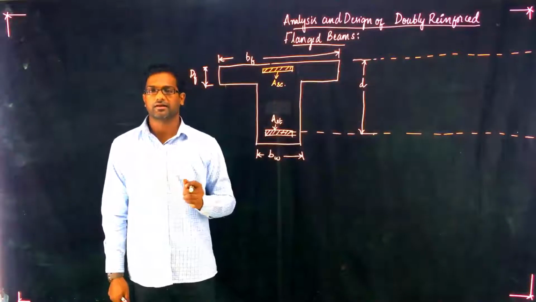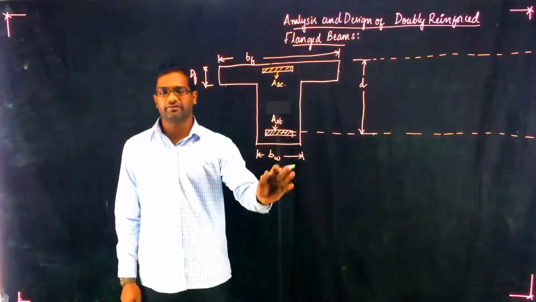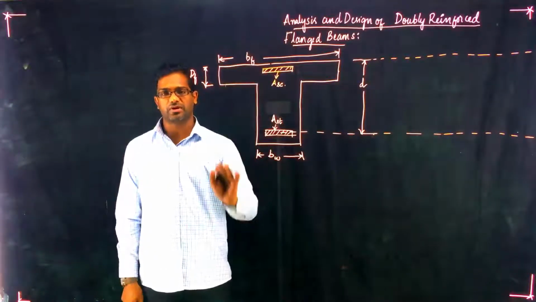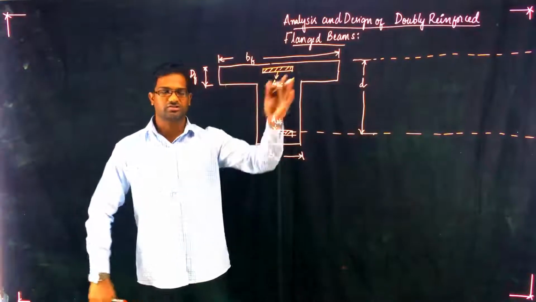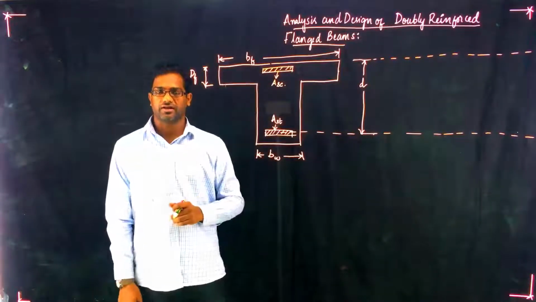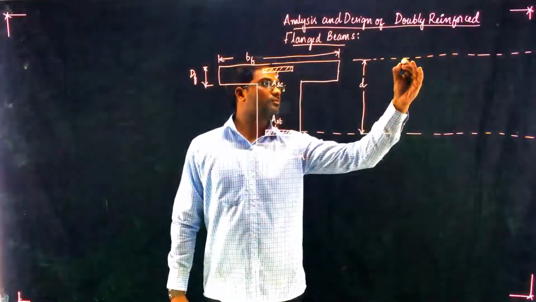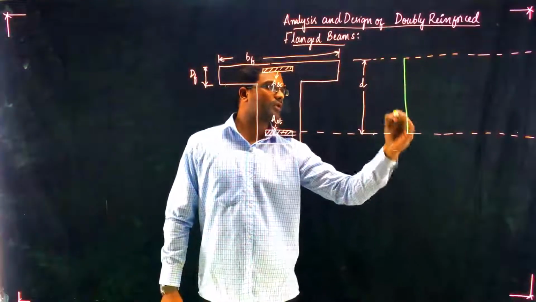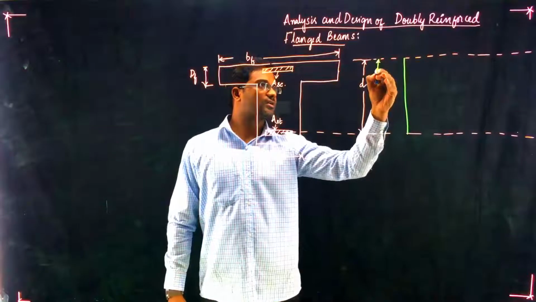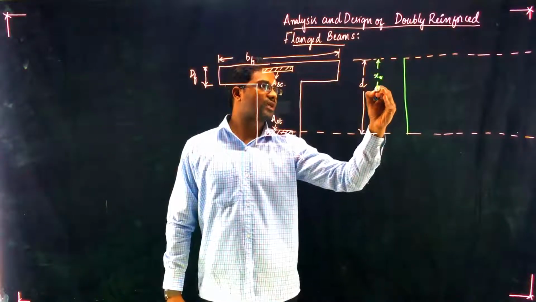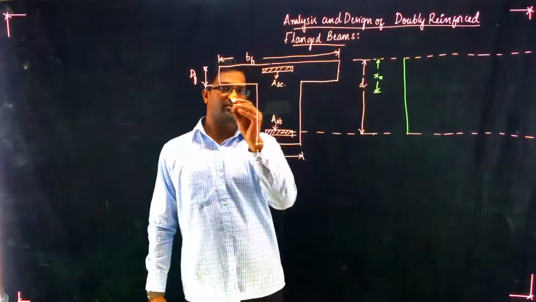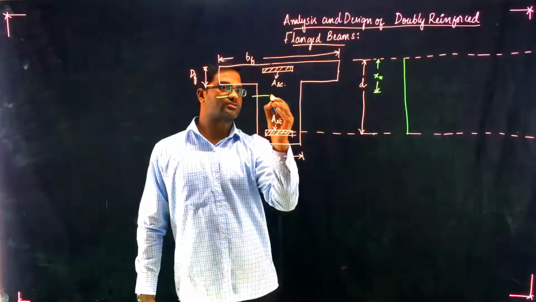The stress strain diagram of doubly reinforced flange beams is very similar to rectangles. So first we will draw the strain diagram, then we will draw the stress diagram. Let us take XU as neutral axis depth.